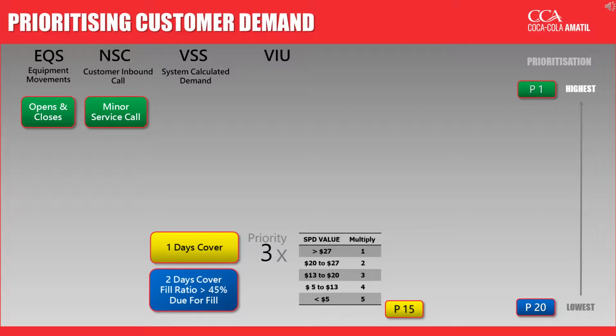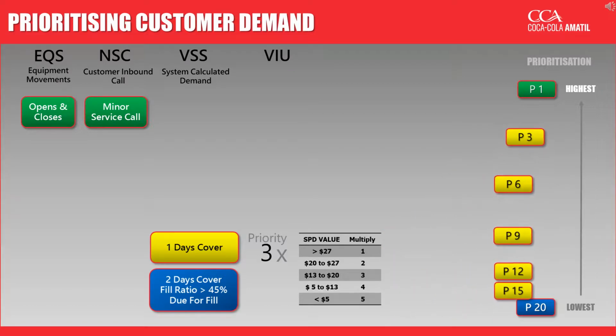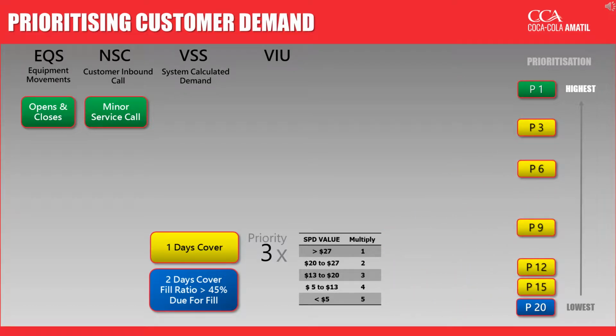If the outlet total daily sales exceeded $27 a day, then the priority 3 would be multiplied by 1, leaving the outlet as a priority 3. There are 5 different sales per day bands generating priorities 3, 6, 9, 12, and 15, where there is currently no issue impacting consumers. However, tomorrow there may well be.